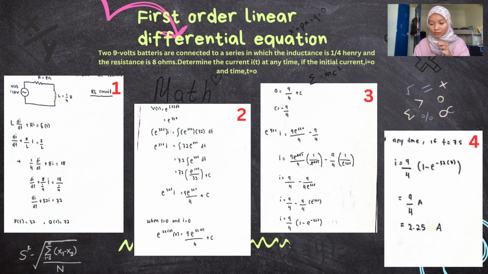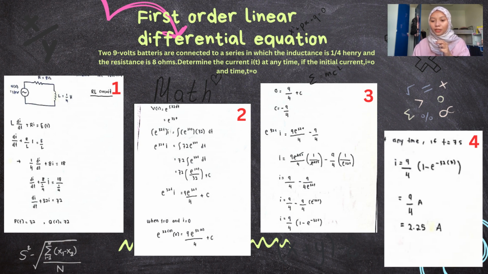We got e to the power 32t I equals 9 e to the power 32t over 4 plus c. In this equation, we introduce a constant of integration so we need to find the value of c. So we substitute time equals 0 and I equals 0. So we get c equals negative 9 over 4.